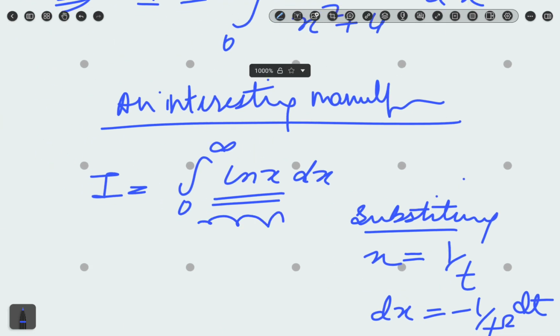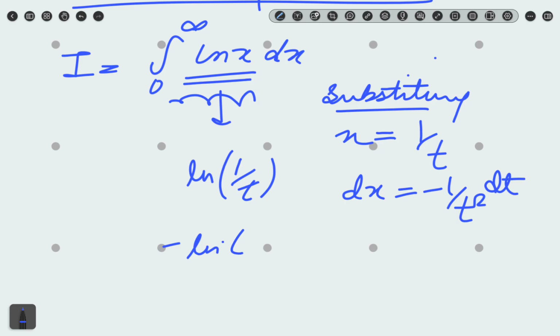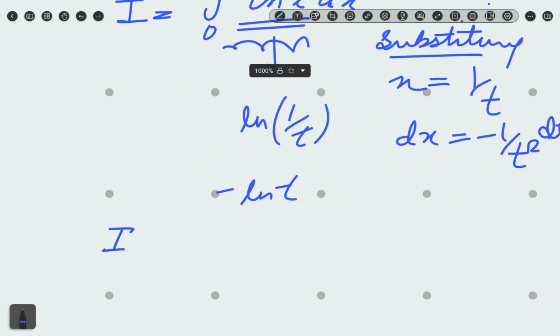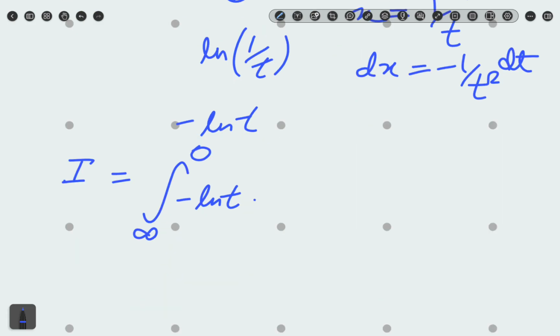But when you see this ln x, this ln x becomes ln(1/t), that is minus of ln t, right? So I becomes, limits we have to change, this becomes minus ln t into the rest, right?